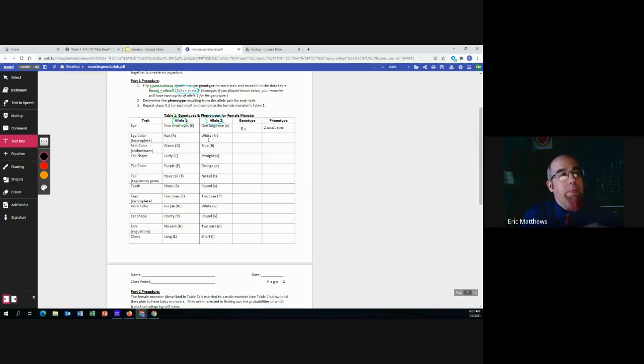Take your coins. And I got heads. So that means that I get allele number 1. So I get a capital R and a capital R. What phenotype do I have? Well, 2 capital R's, that's red. There's nothing else mixed in there.